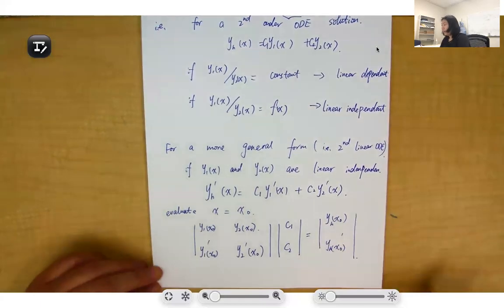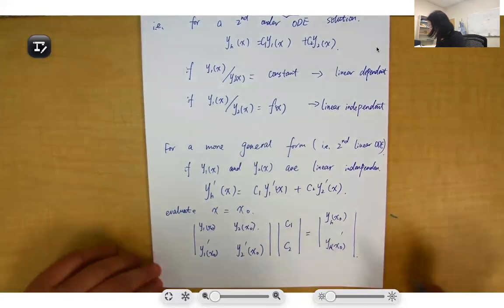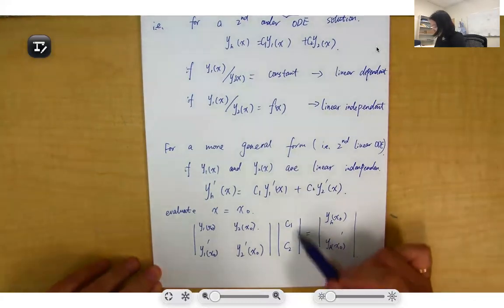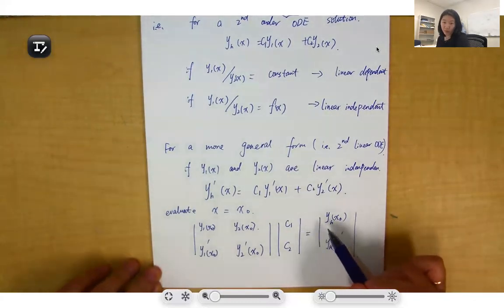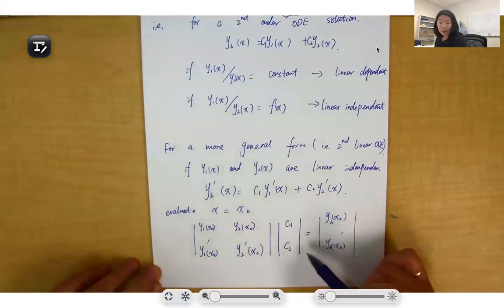Okay. And for this system, if this system is to be non-zero, this constant will be non-zero, right? Because you need to have two linearly independent solutions. So the constant is not 0.